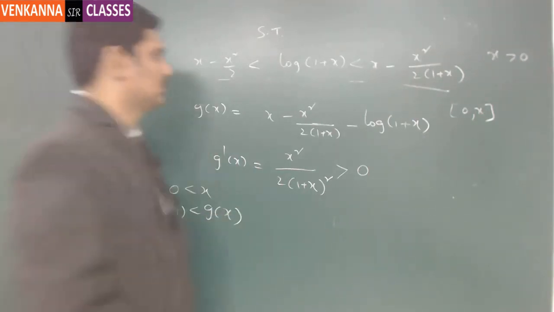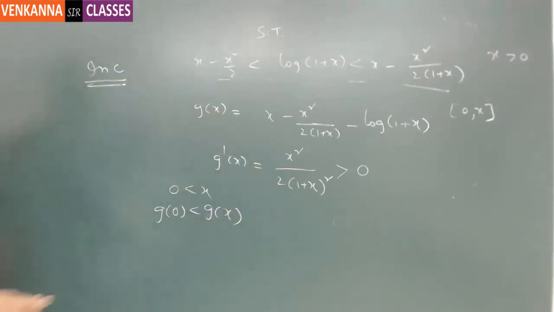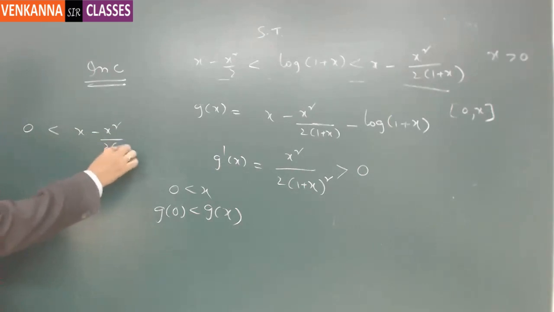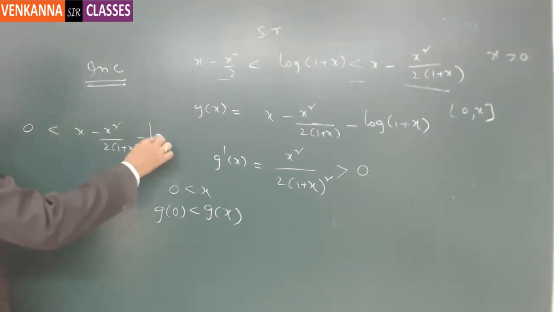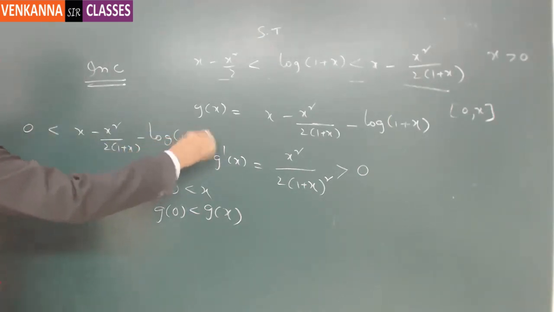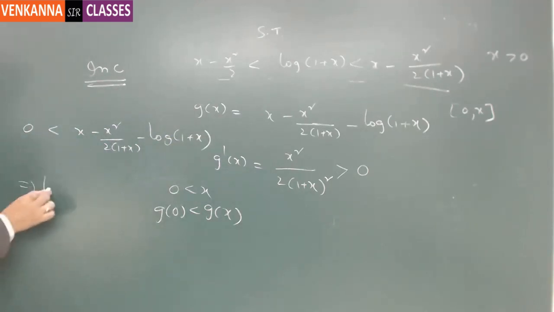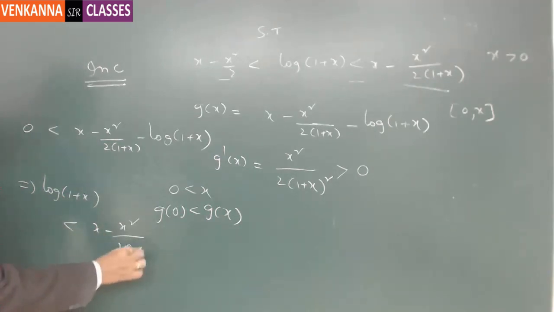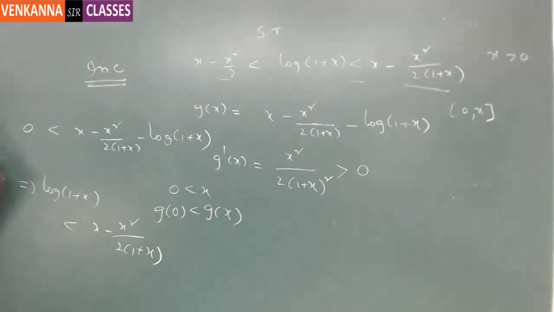Hence, g of 0 is nothing but 0, so 0 is less than x minus x square by 2 into 1 plus x minus of log of 1 plus x, which gives that log of 1 plus x is less than x minus x square by 2 into 1 plus x. So this was the whole idea in proving the inequalities.